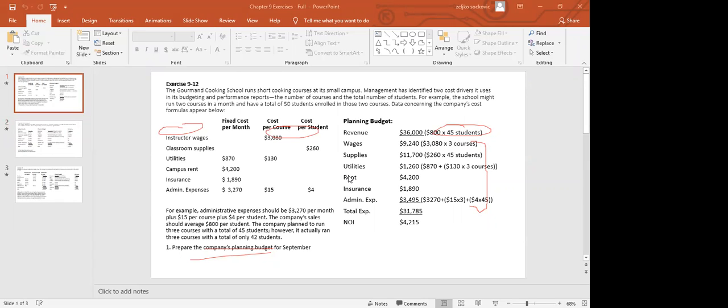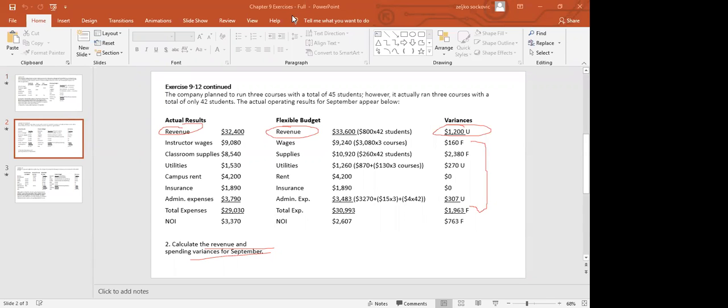I had to split it into 2 slides because there's no space, and because of this question of planning budget. But we would be given, for example, this format, right? These are the functions from the planning budget here. Now, how do I answer this question?